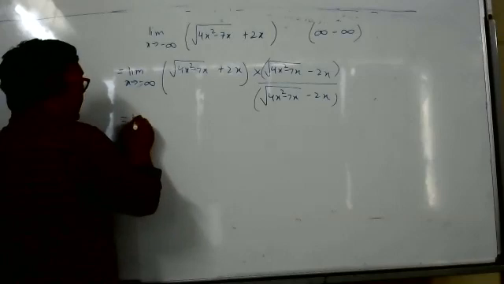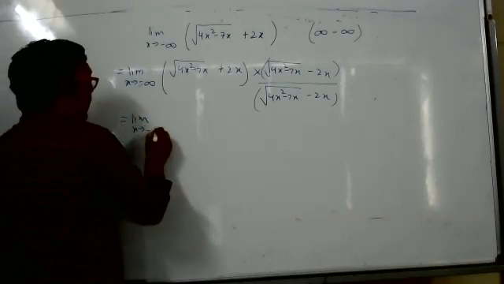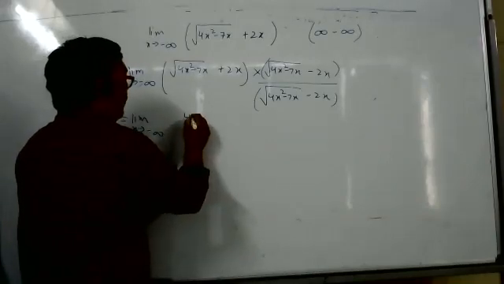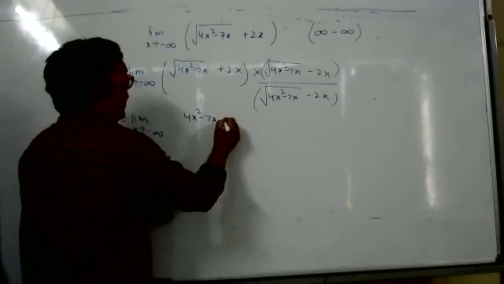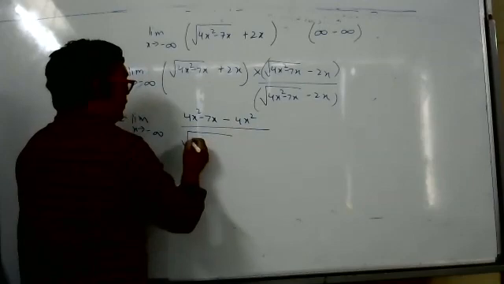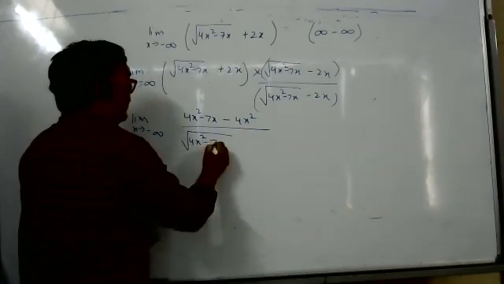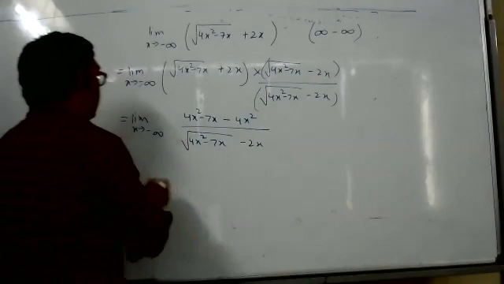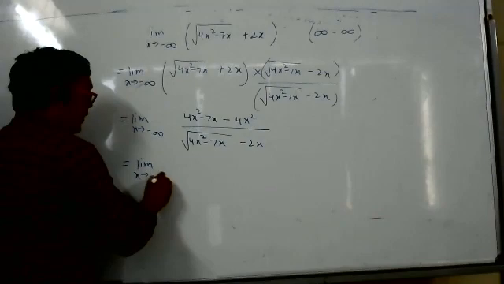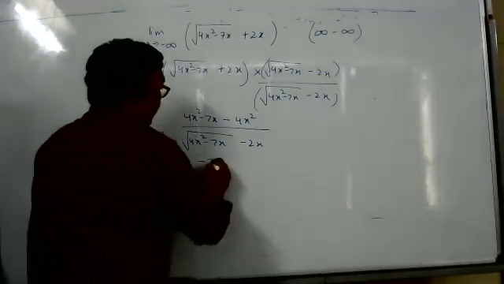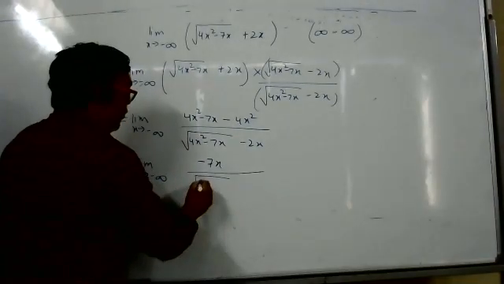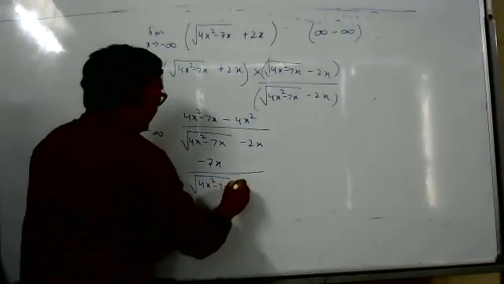If I completely open the bracket, by (a plus b) into (a minus b) equals a square minus b square, I will get 4x square minus 7x minus 4x square, by square root of 4x square minus 7x minus 2x. Now 4x square will get cancelled in the numerator. Limit x tends to minus infinity, what will I get? Minus 7x by the denominator, square root of 4x square minus 7x minus 2x.